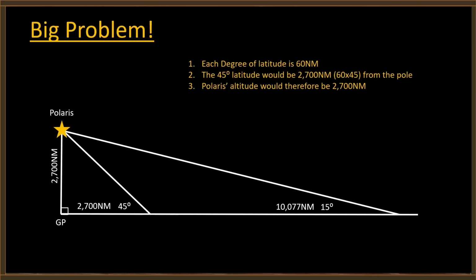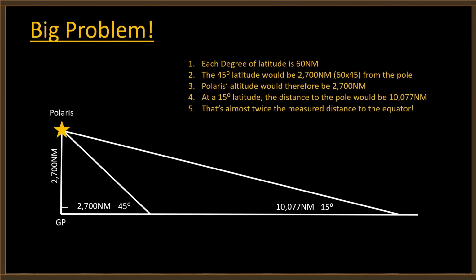It's that line there. At 15 degrees latitude, the distance on a flat Earth to the pole would have to be 10,077 nautical miles. That's almost twice the measured distance to the equator.